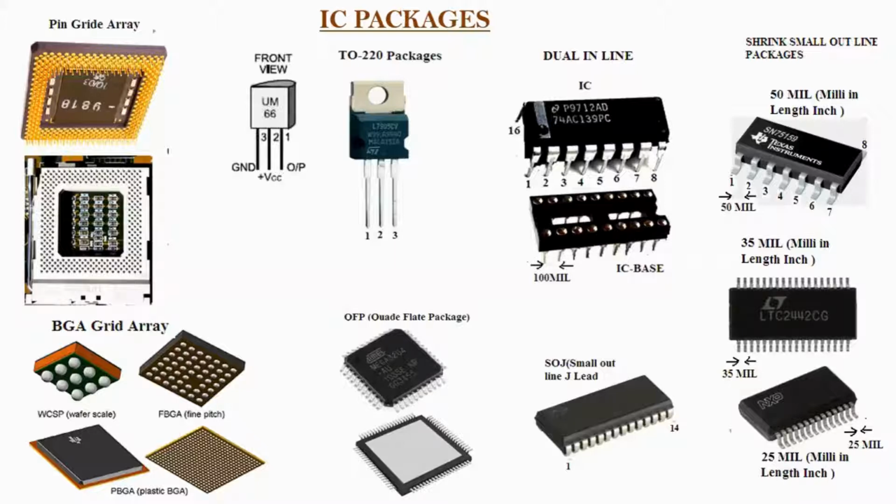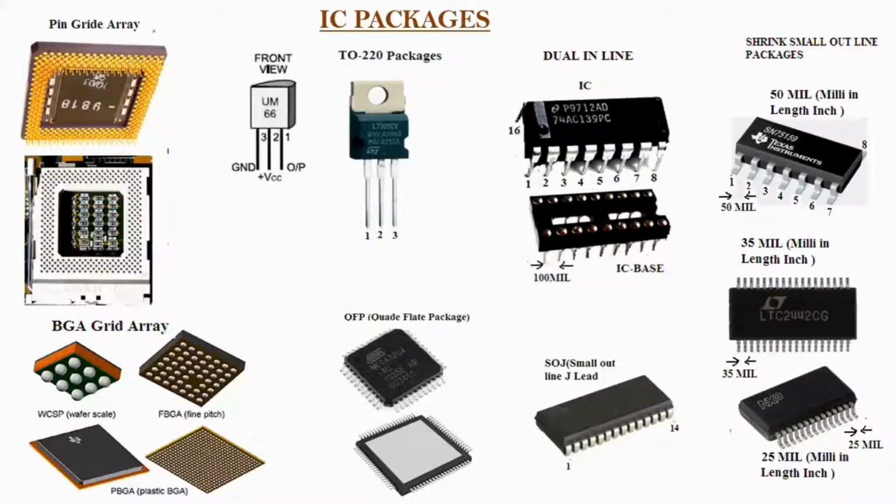The microprocessor and microcontroller, which will have pins coming out. Then you have SOJ, QFP, quad flat pins, small J lead pins. That is, if it is to be soldered on the same side of the board, SMD board, then we use SOJ or QFP packages.